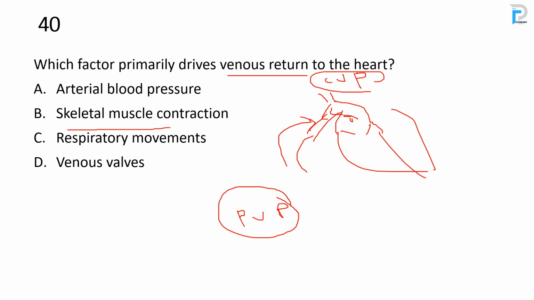If we have the vein like that, the muscles are outside here. So the muscles compress on the veins, increase the pressure here, and that increases peripheral venous pressure, increases the gradient for venous return, and increases venous return.